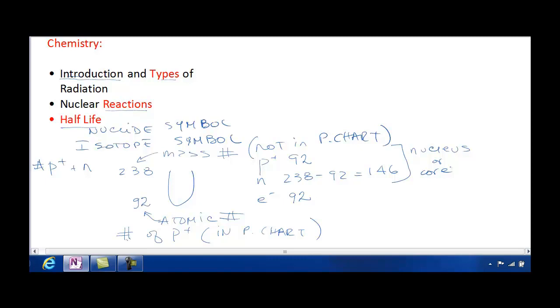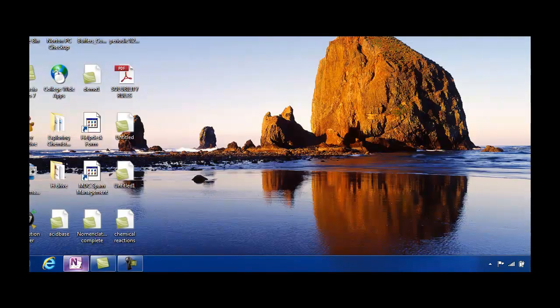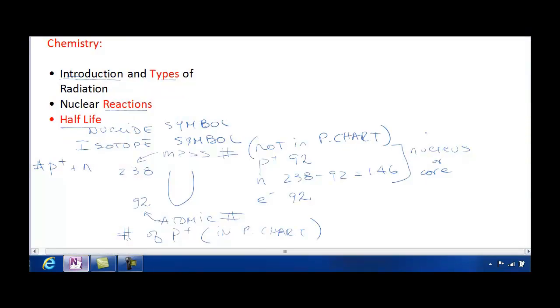No. Electrons are in different energy levels, and we learned all about that. So we're going to be looking at what happens when elements like uranium-238 undergo nuclear decay, and it emits radiation. What types of radiation are possibly going to be emitted by these hot elements?